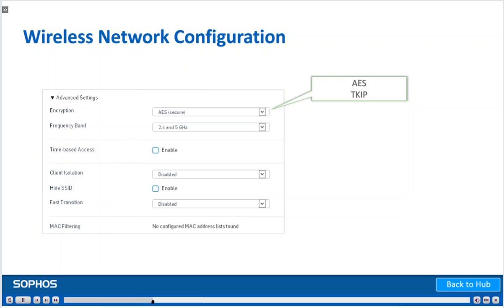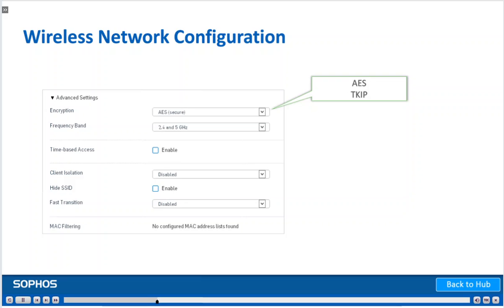In the advanced settings of a wireless network configuration, a number of optional settings can be modified. For WPA or WPA2 security modes, we can select the type of encryption we would like to use between the client and the access point.